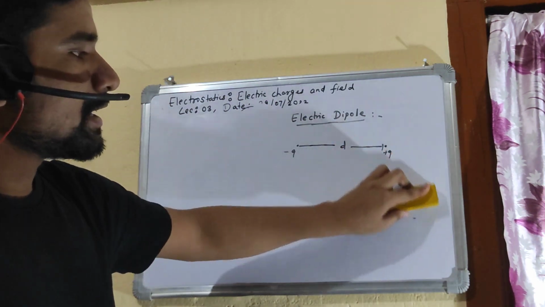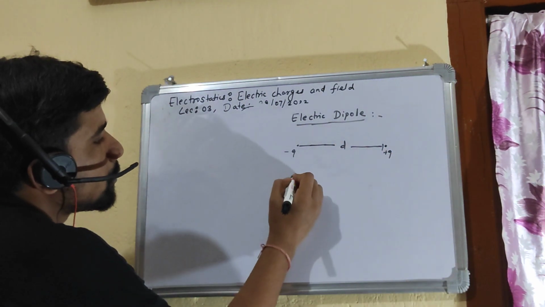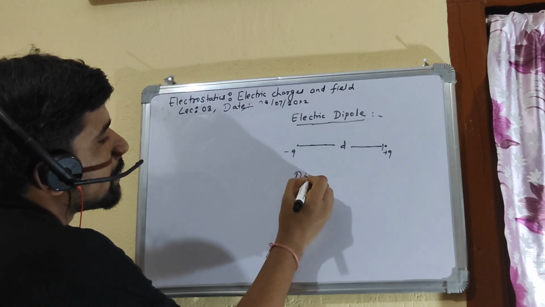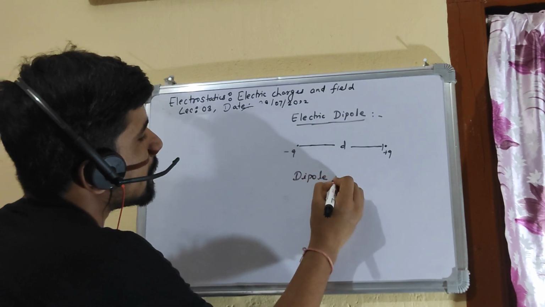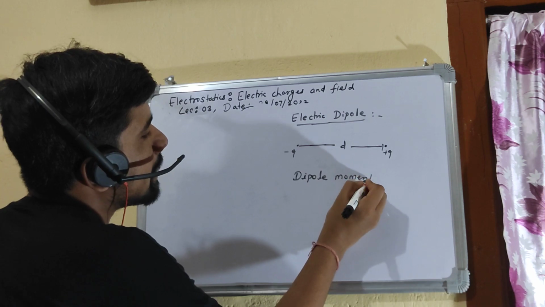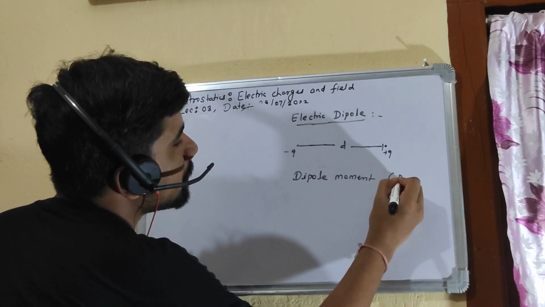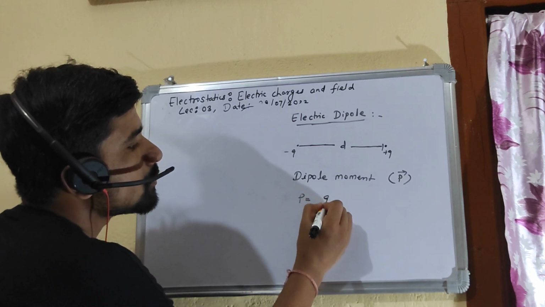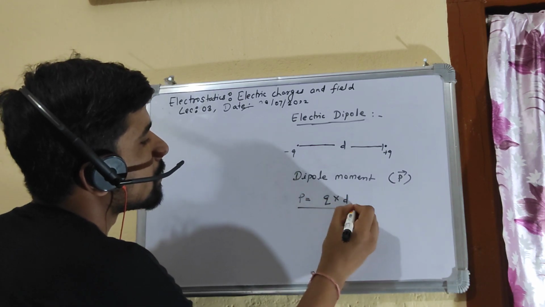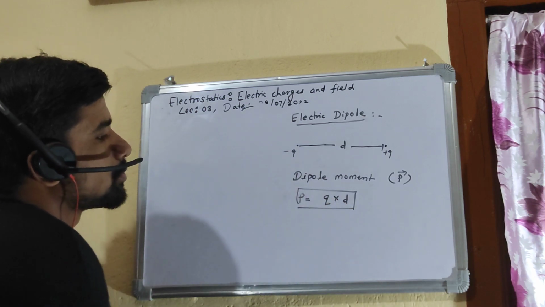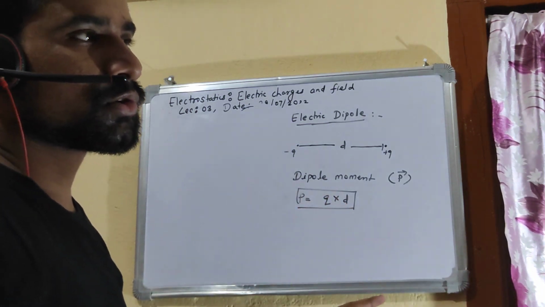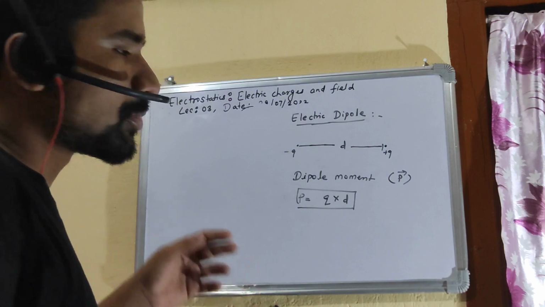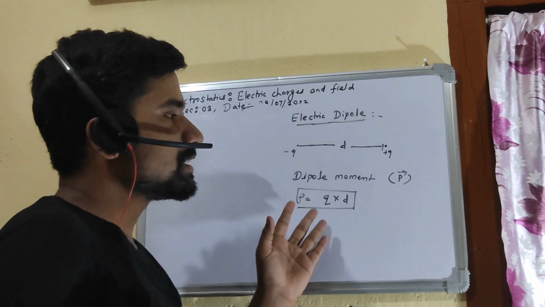So to define a dipole, we have a vector quantity called the dipole moment. The dipole moment is represented by the P vector, right? The dipole moment is the product of the magnitude of charge and distance. Simple. This is a normal product, don't go for cross or dot. It is the product of charge and distance.